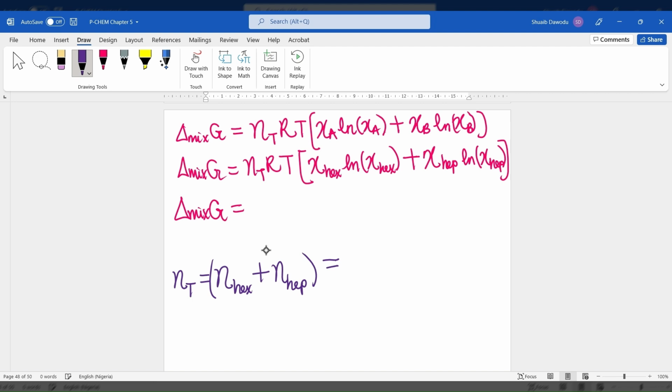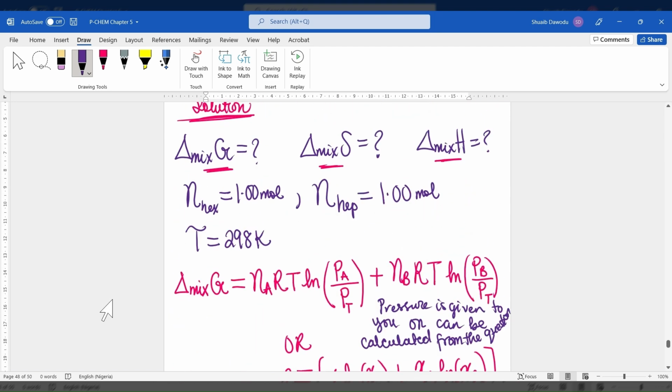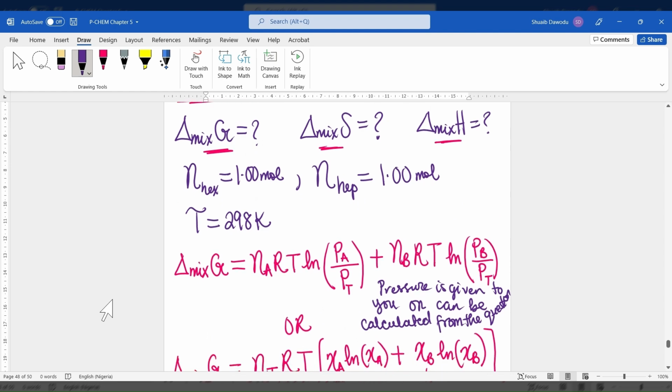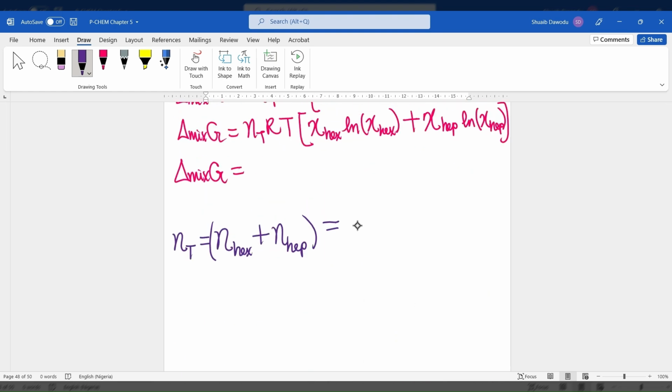Just looking at it right here, we have the number of moles of hexane. If we go back up, we have 1.0 mole, and the number of moles of heptane is also 1.0 mole. So 1.00 mole plus 1.00 mole is simply 2.00 mole.